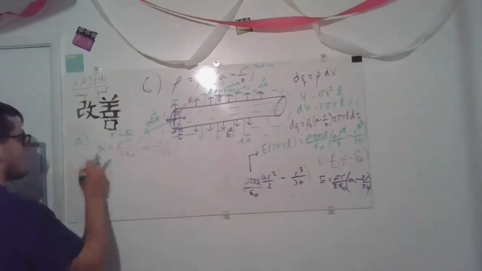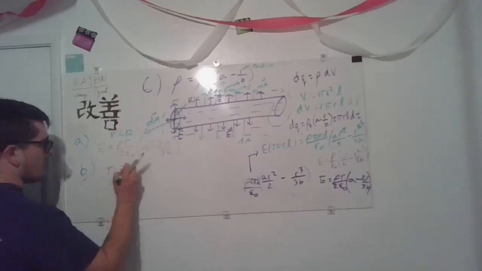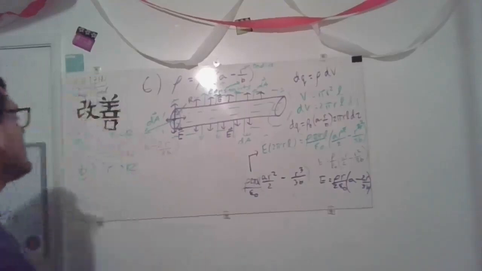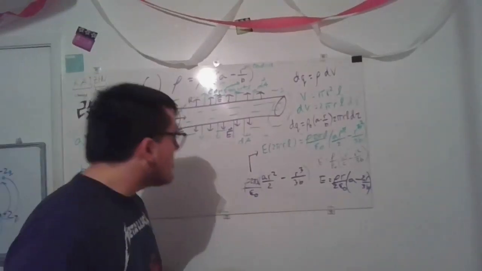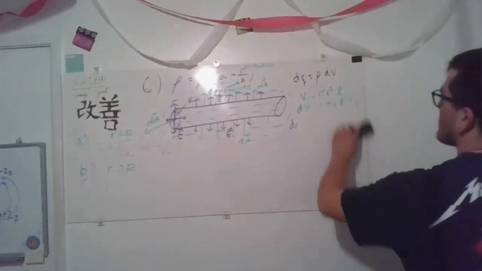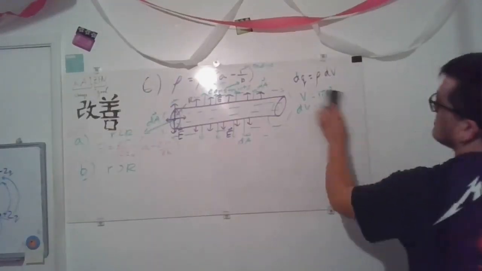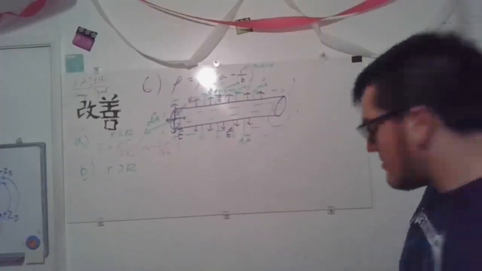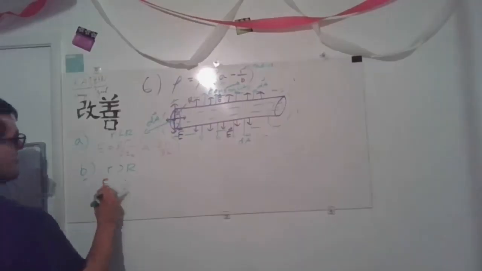Oops, could be R greater than R. For part B, it's actually a lot simpler. Reason being is because now you're talking about the total charge, the total volume. So the left-hand side will always be the same.